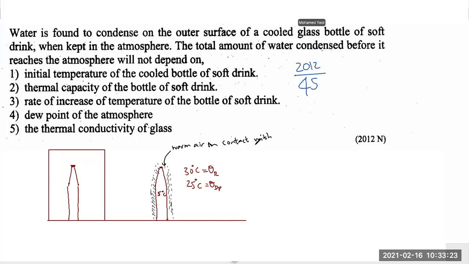It will cool down, no? A warmer object coming into contact with a cooler object will cool down. It will cool down and get saturated with water, and then water will start condensing. Only the air just around the soft drink bottle, not the entire room.